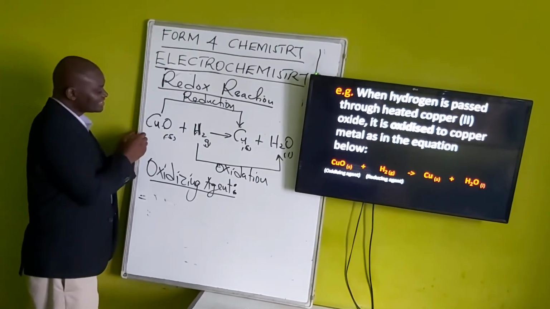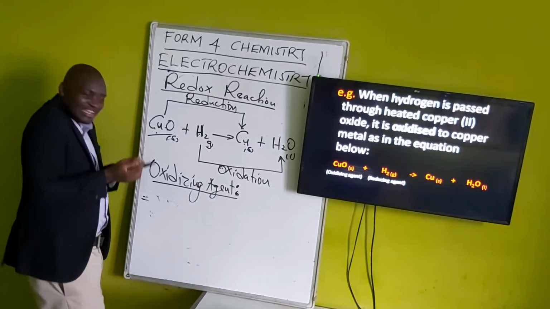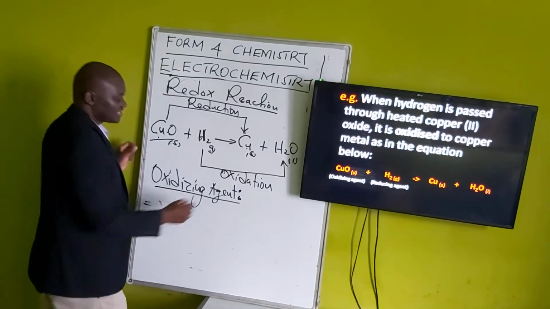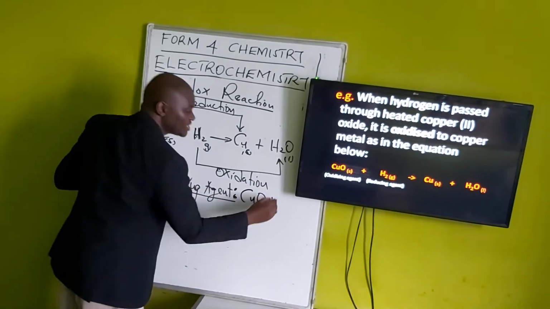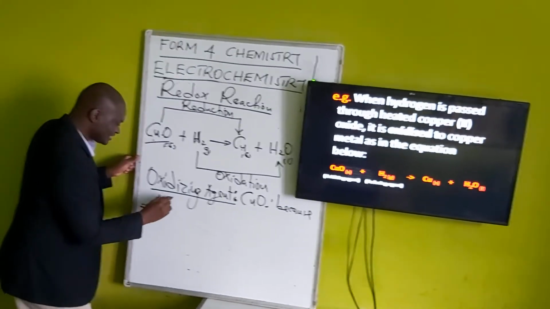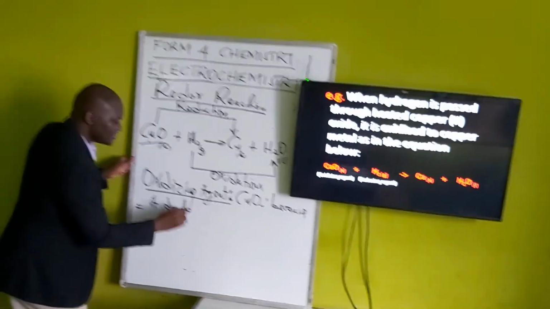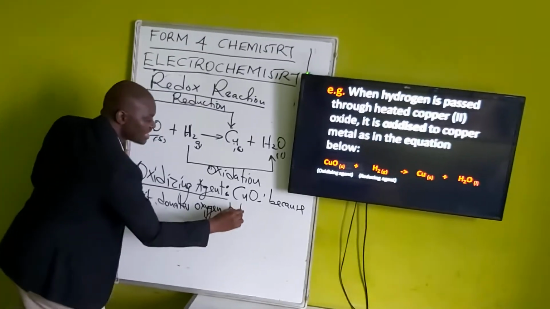So the substance that is giving out oxygen is copper II oxide, carrying that oxygen and giving it to hydrogen. So this is our oxidizing agent. Why? Because it donates oxygen to hydrogen.